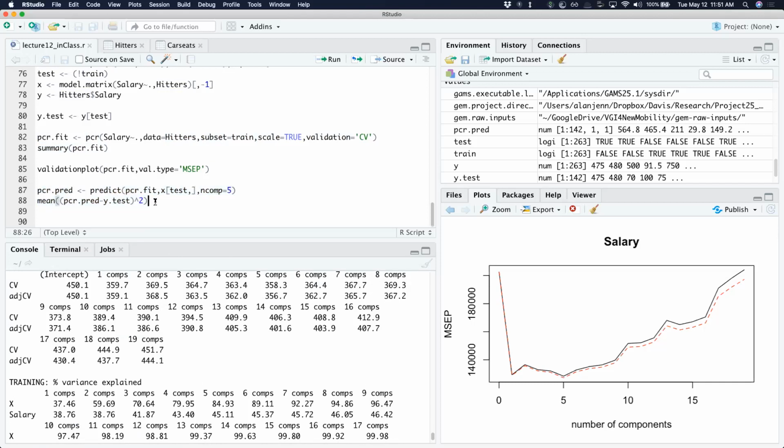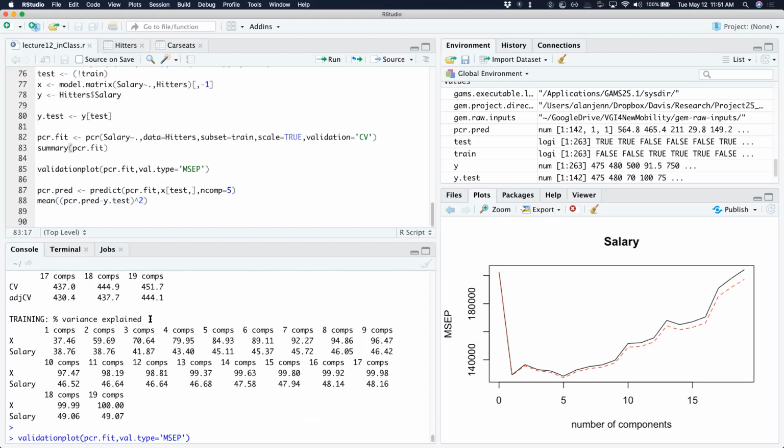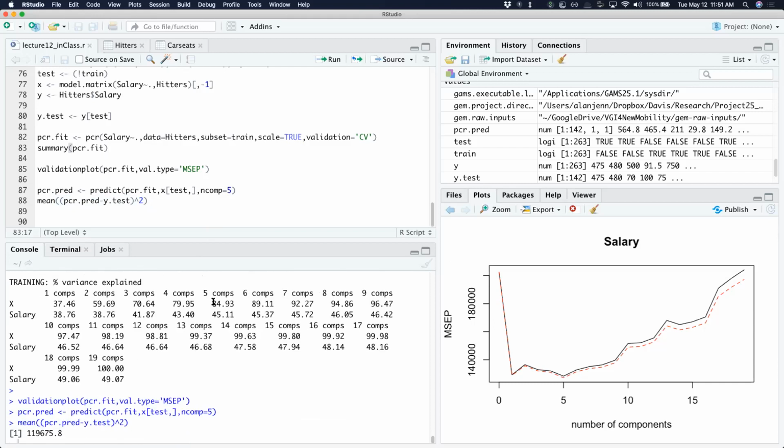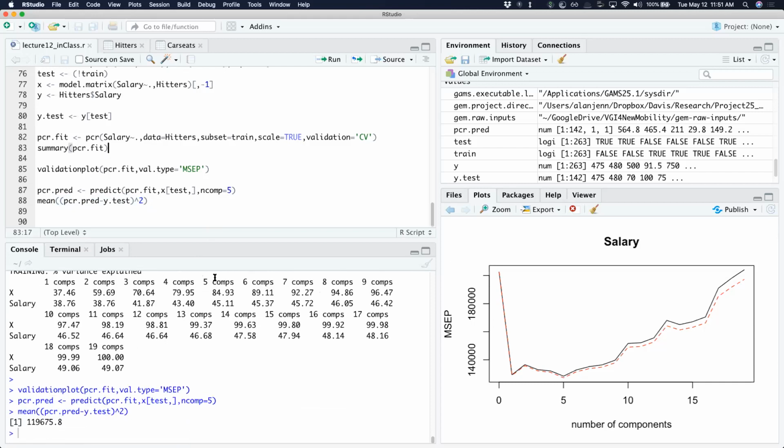If I wanted to extract the mean squared error, you could calculate that as a way of comparing against other types of models, although I guess it would be the same as extracting the mean squared error out of this model. Okay, I see. Because the PCR function already selects the number of principal components to be 5. Yeah, you can say number of components right here. Okay, perfect. Thank you.